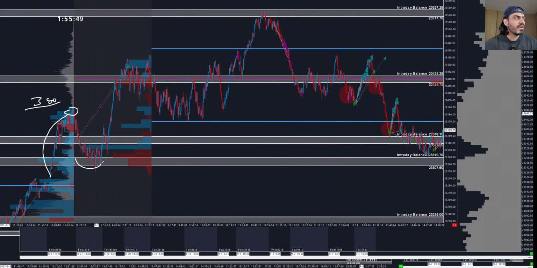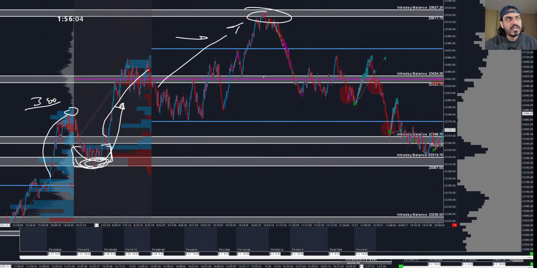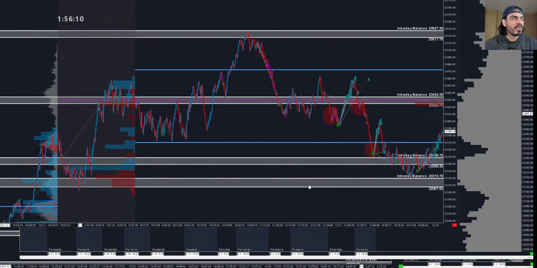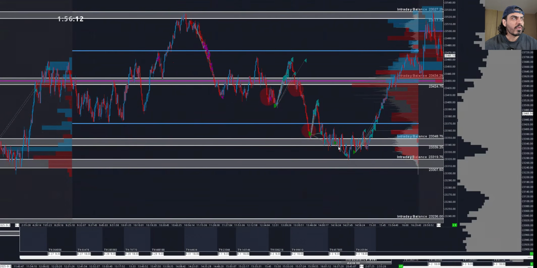Meaning even on the overnight session, if we're coming back into this balance low area, there is a high probability that the buyers are going to step in to try to hold it. So we get a cleaner acceptance into the next session over here. You can see like 520. So the next time that we trade in and around that 330, the expected move is going to hold for that long. This is why I'm looking for the pullback.